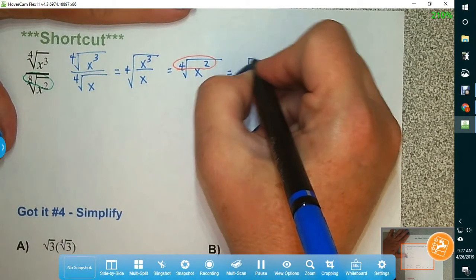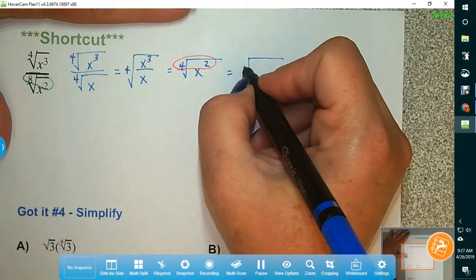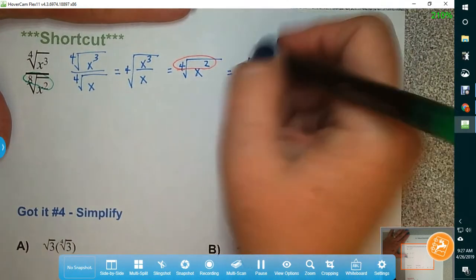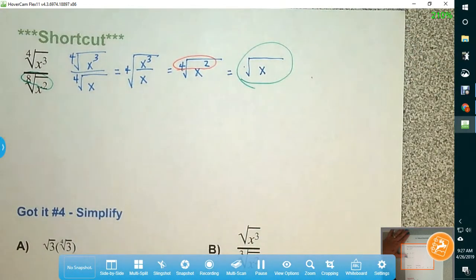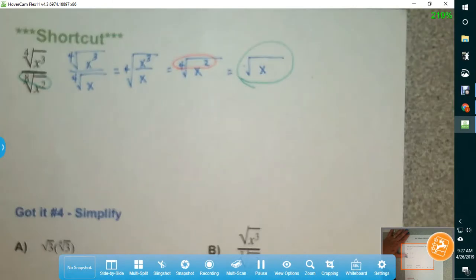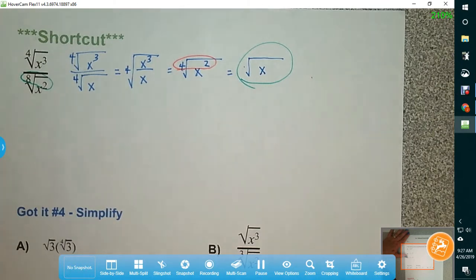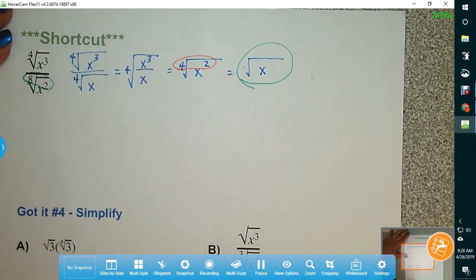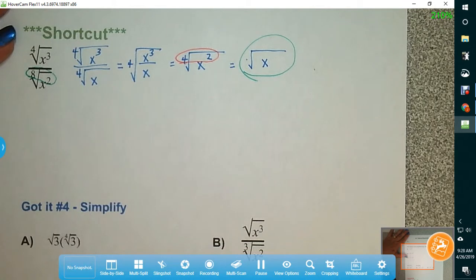So when I do that, I end up with the square root of x to the first. That is the same answer I got doing it the other way. Not every problem can be done this way, but if you're paying attention and it can be done that way, saves you a little bit of time. Okay? Keeps you from working with quite so many fractions.